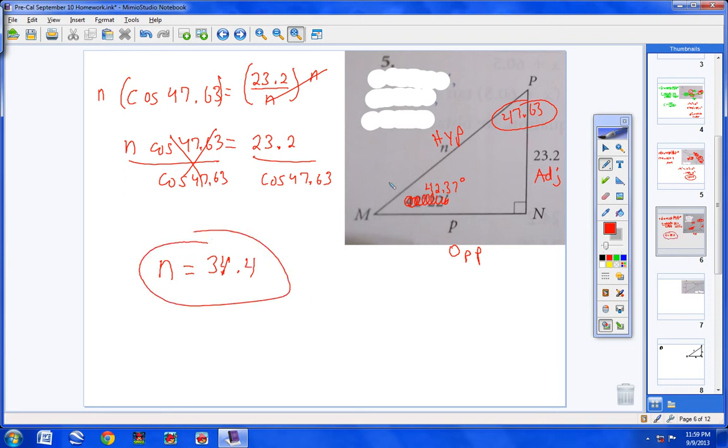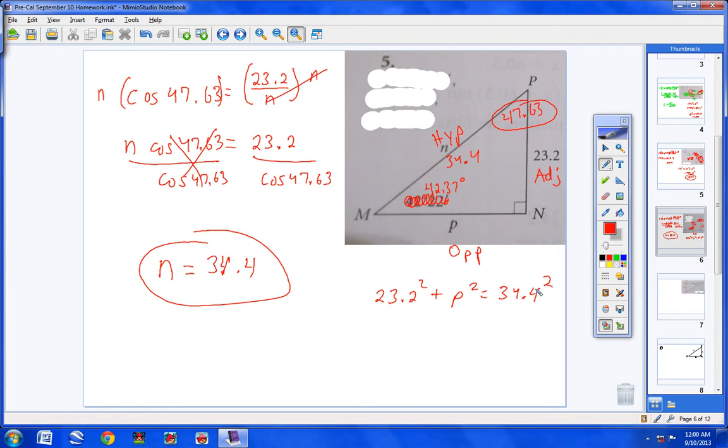Now that's a side, so it's not degrees. 34.4. Okay? Now, let's put that right here, 34.4. And now let's quickly use the Pythagorean Theorem to find our last side. So we have 23.2 squared plus my other leg, p squared, equals 34.4 squared.